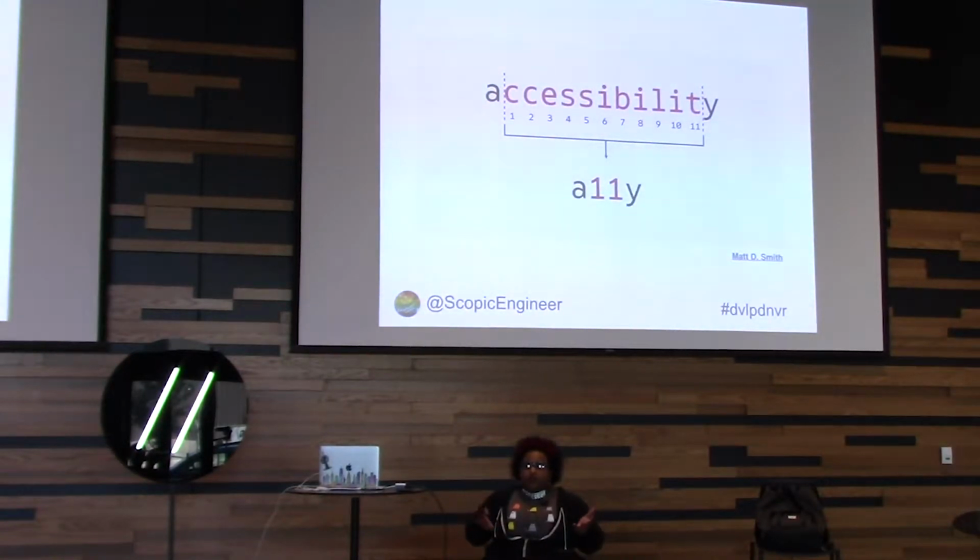Twitter has a character limit, and if you're using the hashtag accessibility, you're taking up quite a lot of that. So a11y is accessibility shortened, and the 11 comes from it being 11 letters between the A and the Y. It's pronounced "ally." So now you know.